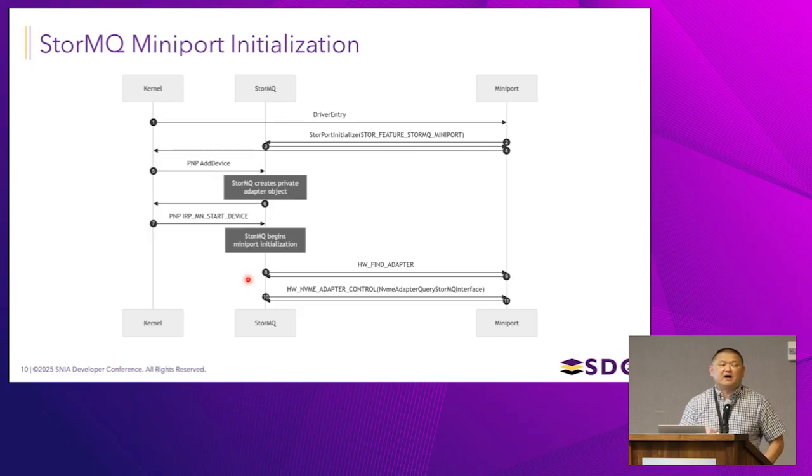Like the current model, the HwFindAdapter callback from the miniport is invoked. After this function returns, there is a new callback that StorePort will call into the StoreMQ miniport, a new adapter control, where it's going to query the miniport for additional callbacks that are specific to the StoreMQ model. This is what the NVMe adapter query StoreMQ interface is all about.